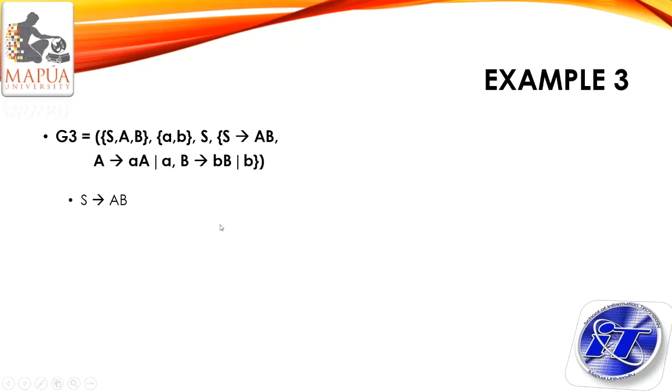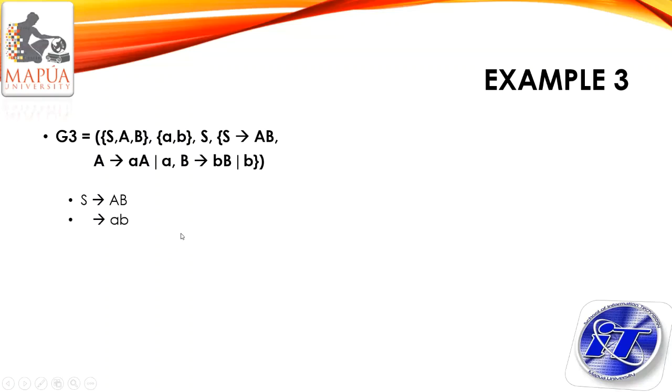Same with capital B, which could be replaced by small b capital B, or just small b. For me, I'm going to replace A by the second option, which is small a, and B by small b. So this will be an acceptable string.